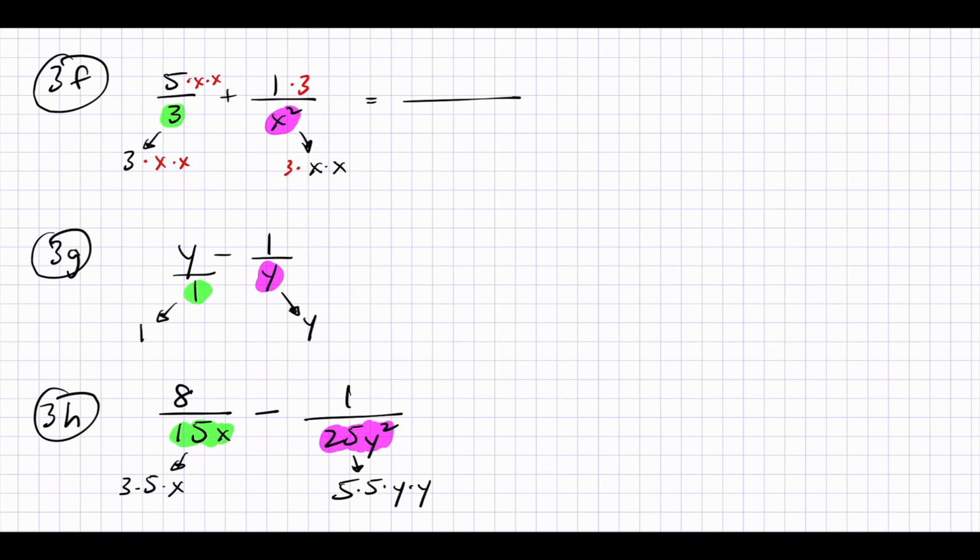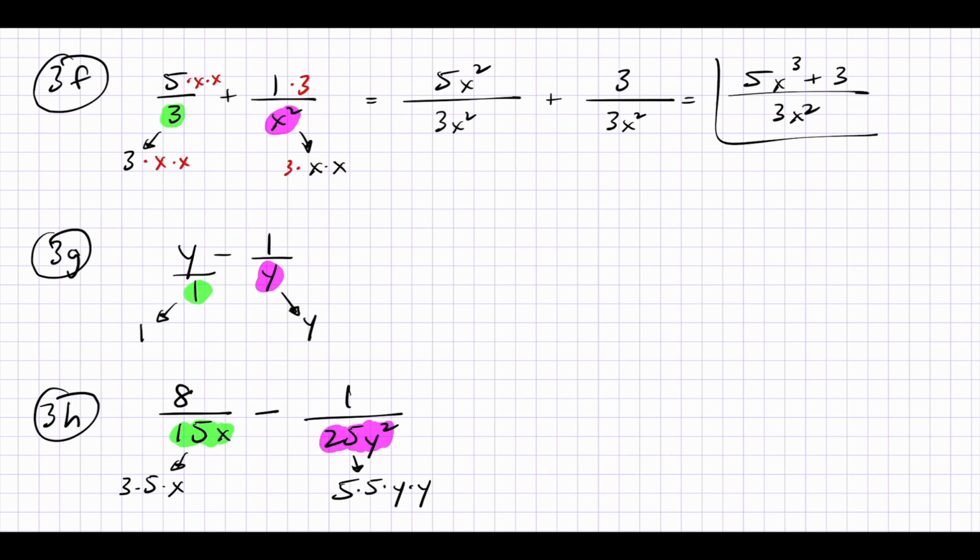So the denominator is 3x to the second power. The numerator is 5x squared and 3, and then add those together. Oops, that's not right. It's supposed to be squared.